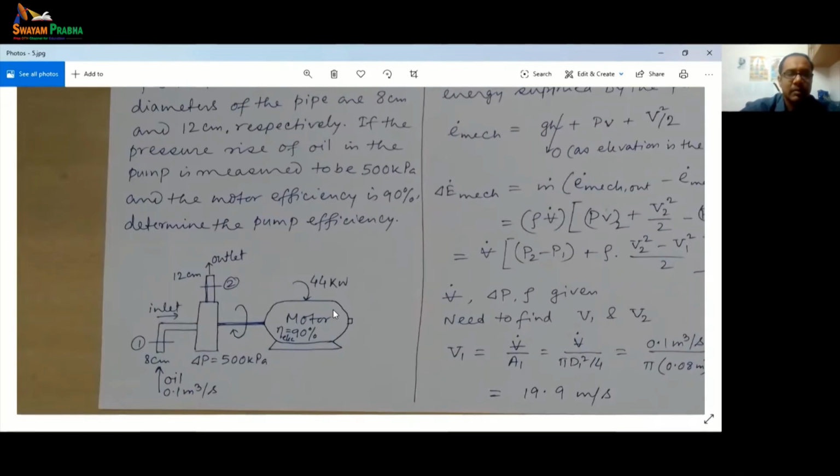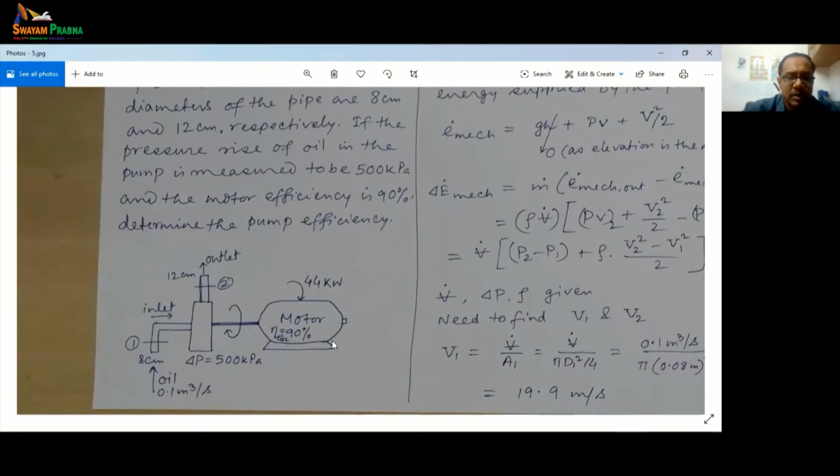If you have seen a pump which gets the water and raises it to some tank upstairs, there also you have seen the pump is fitted with a motor. So here also in the figure you can see an electric motor is driving the pump, and the efficiency of that motor is given to be 90%.